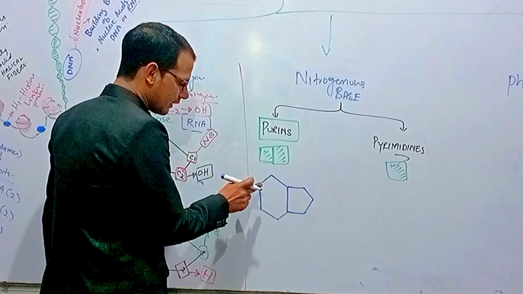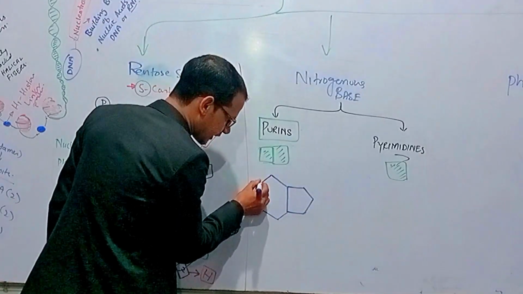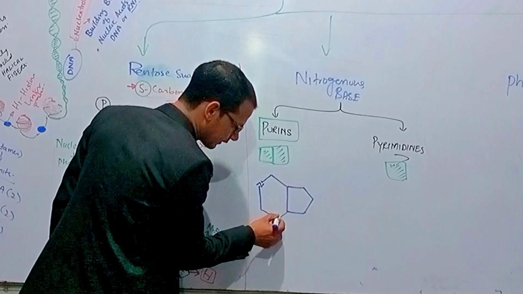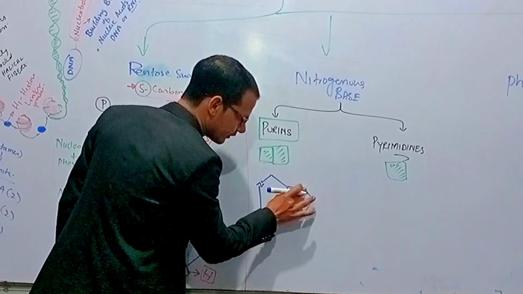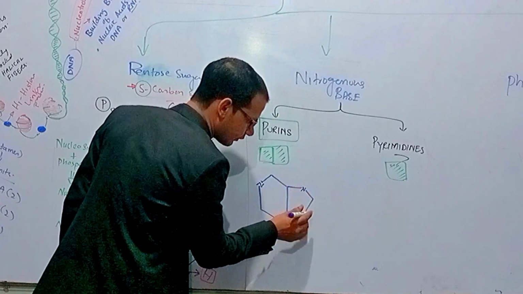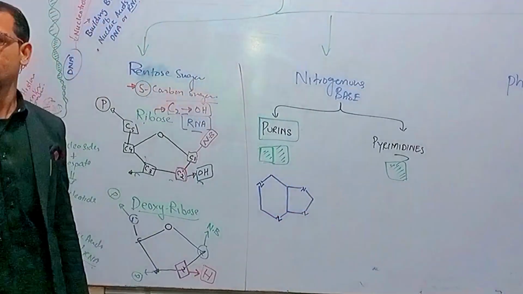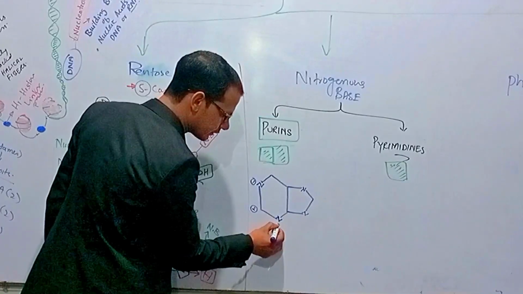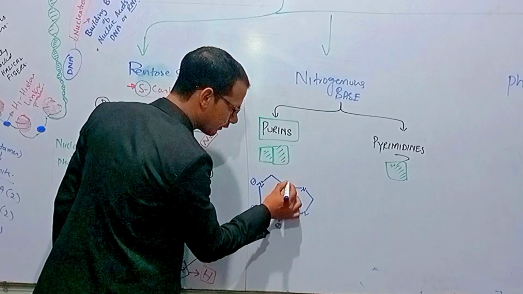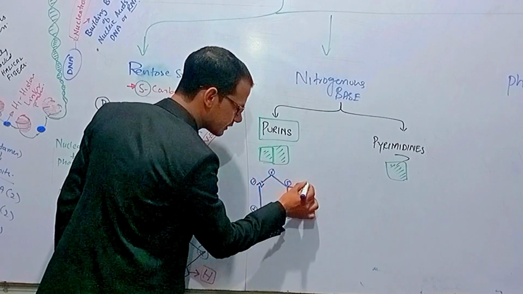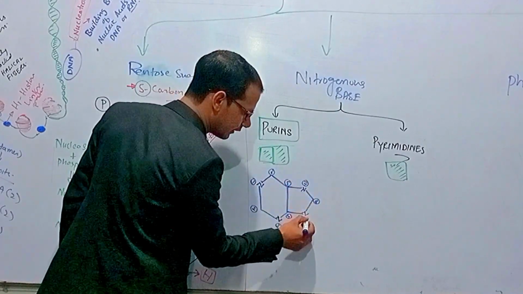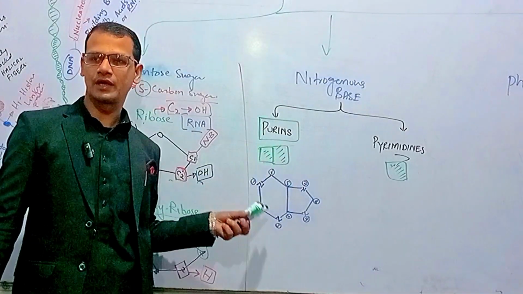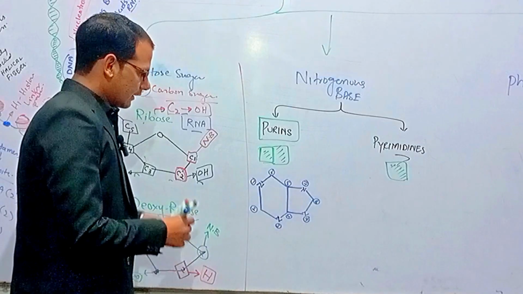For example, this is the first nitrogen position, this is the second, the third, the fourth, right? So this is 1 2 3 4 5 6 7 8 9. This is anti-clockwise counting, right?